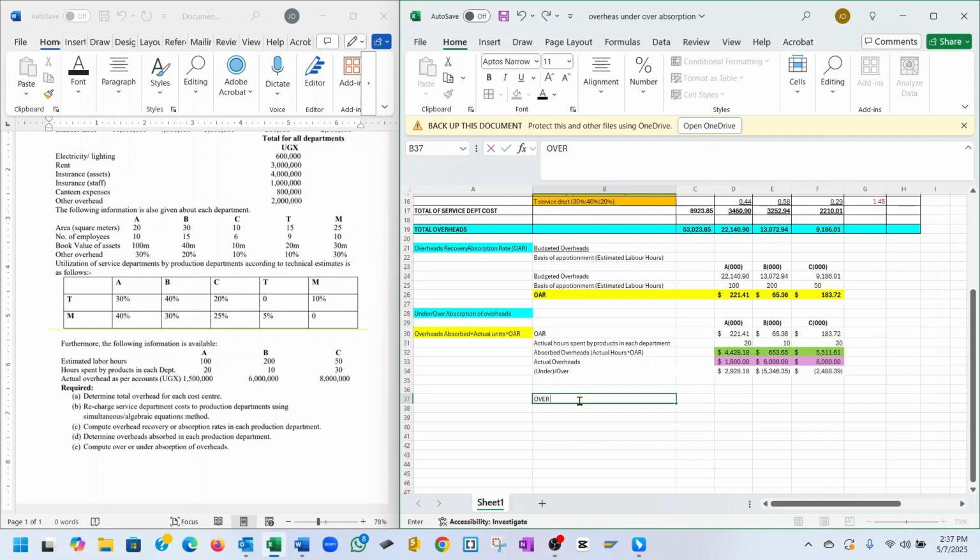So over absorption is where the actual overheads is less than the absorbed overheads.